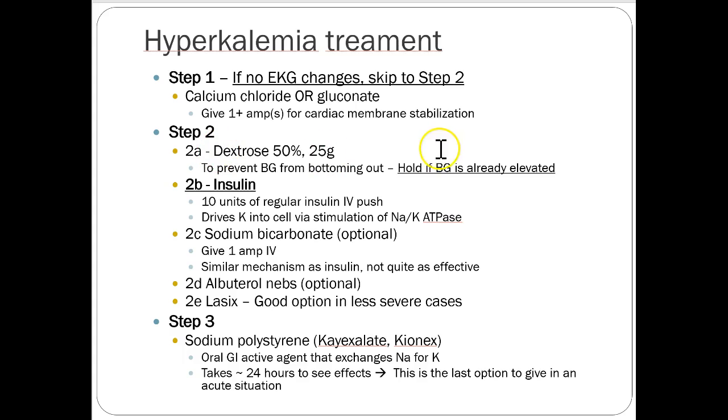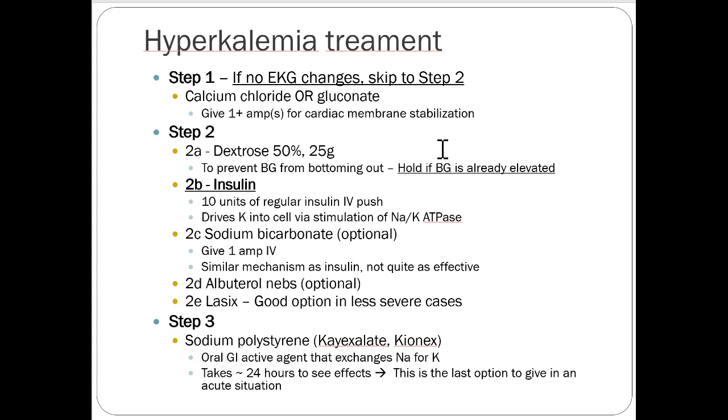So you give some IV sugar to prevent insulin from bottoming out, because insulin is replacing or adding to your endogenous insulin, and that's going to cause a drop in blood sugar as well. So we want to make sure we don't compound the problem by having a hyperkalemic patient who is now hypoglycemic.